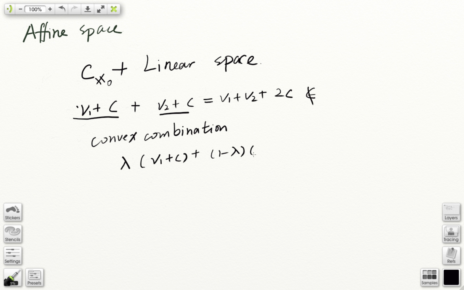This is going to give us lambda times (v1 minus v2) plus lambda c minus lambda c plus c, so that's going to be c. This part belongs to the linear space, and this is the constant, so this belongs to the affine space. So the affine space is closed under convex combination, but not closed under the general sum.